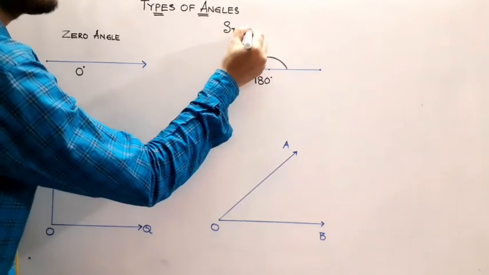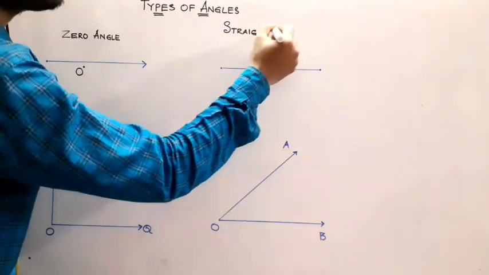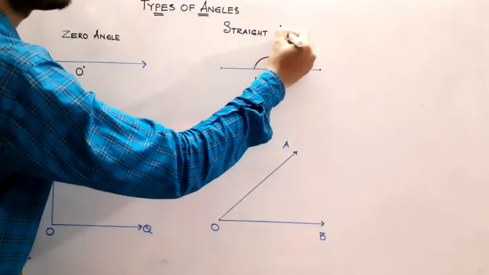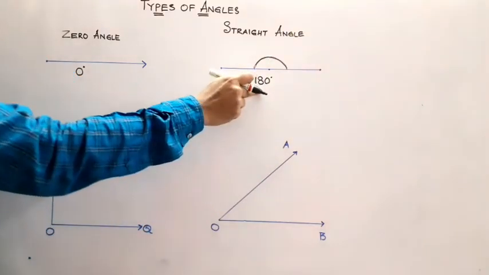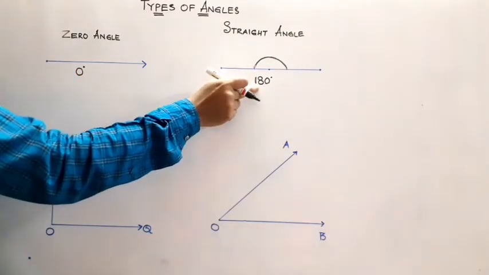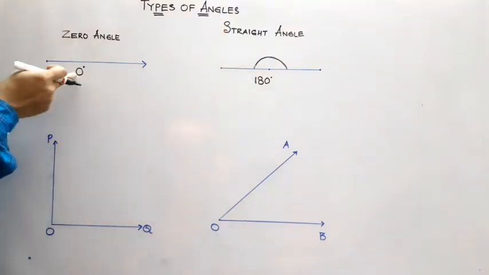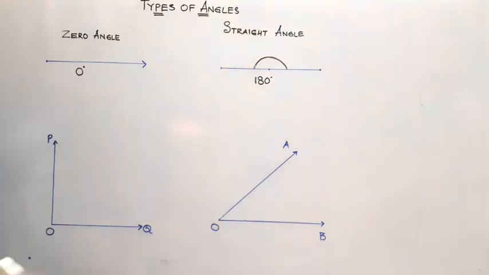Tomorrow on the protractor I will show these to you. For today, try to understand the things. Straight angle means an angle having a magnitude of 180 degrees. If the magnitude is 0, zero angle. If the magnitude is 180 degrees, straight angle.